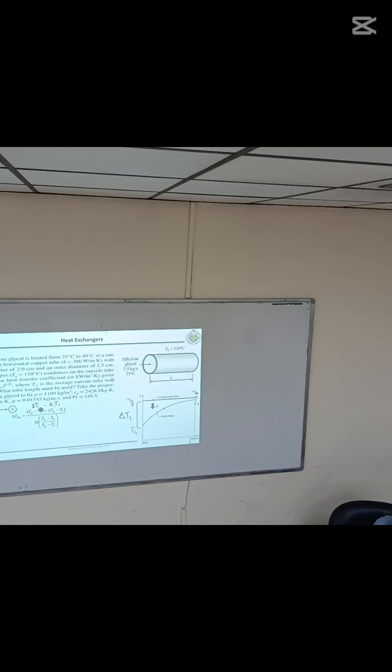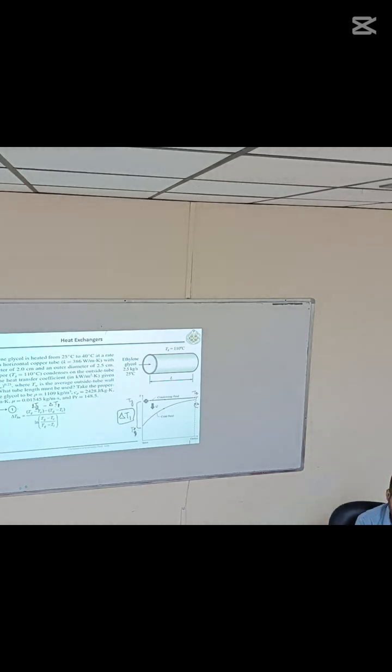Actually, it's not delta T1, delta T2 minus delta T1. Temperature difference at exit minus temperature difference at inlet, divided by delta T2 minus delta T1. So this is delta T1, this is delta T2. He is not using CI, he is using I simply, and here E, and the other is TG.